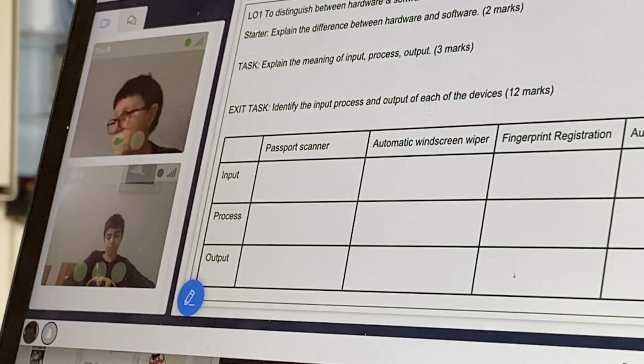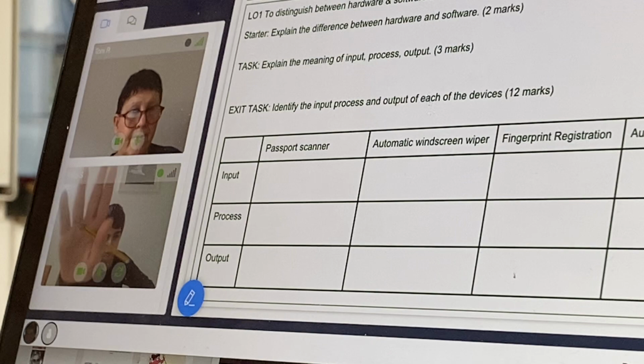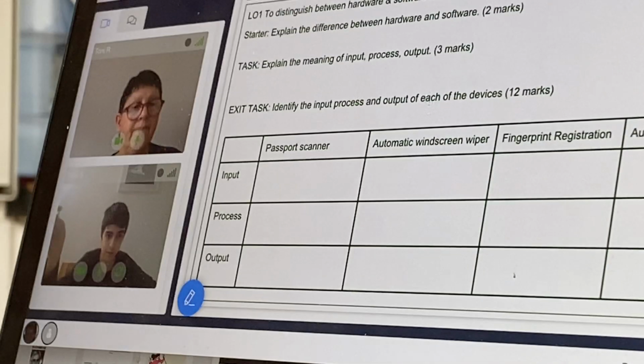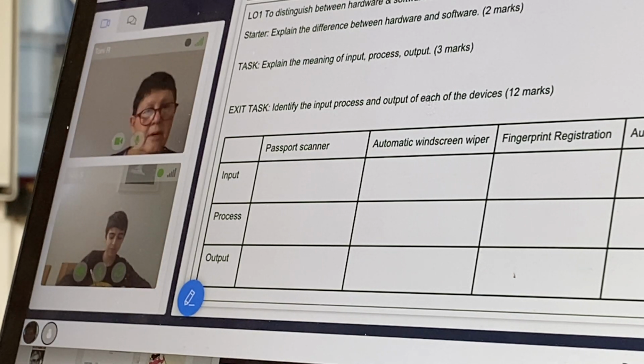And then output. Output gives us the information back. It's data coming out. Output gives data. Yep. It outputs the data coming out of the computer system.